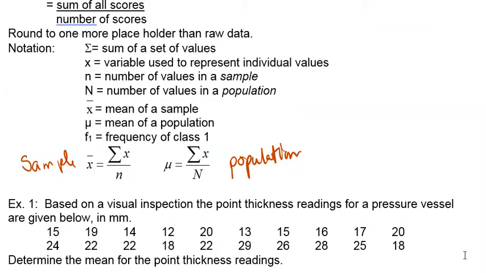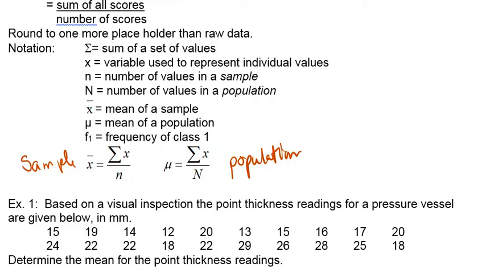So we're going to look at this first question, where we have some point thickness readings, and we're asked what is the mean thickness. So if we look at this, we've got 20 points. We can add up those 20 points.